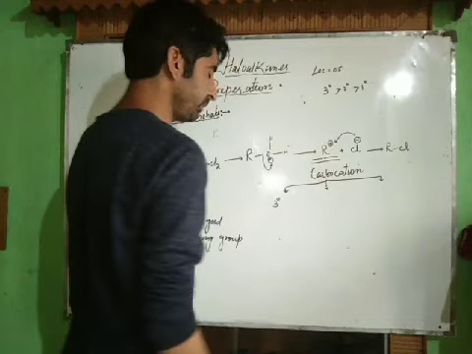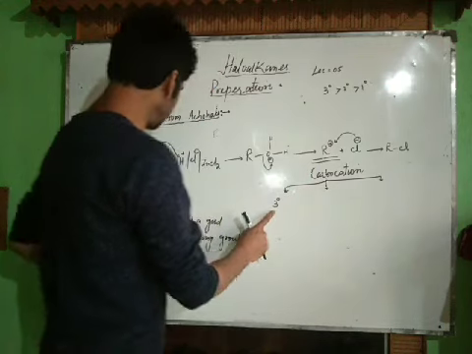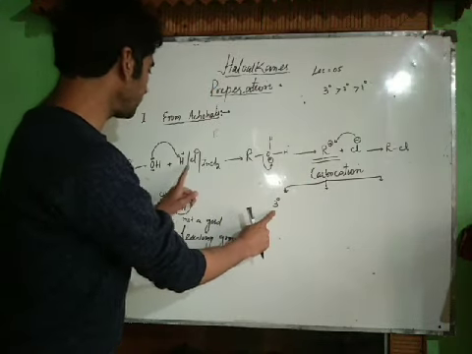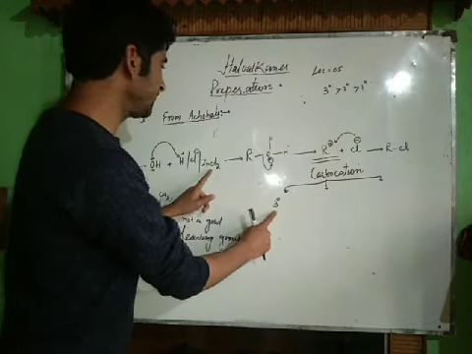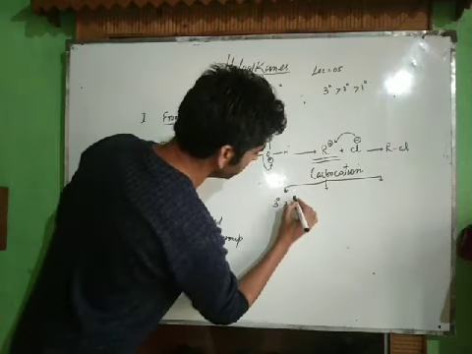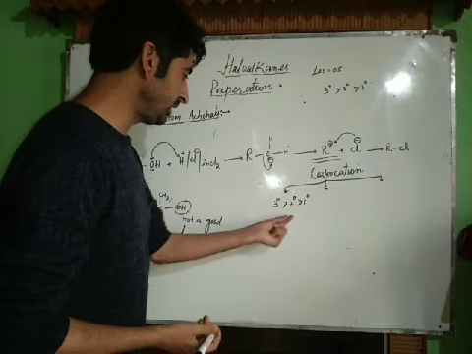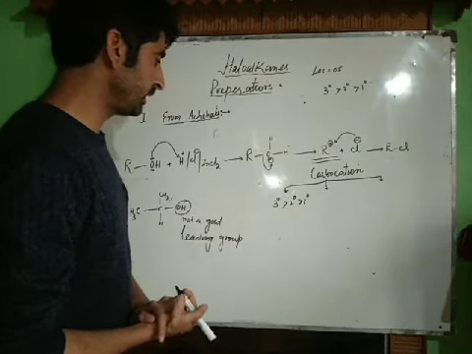I have shown it in my previous three lectures. Therefore, tertiary alcohols react faster with HCl and ZnCl2, Lucas reagent, then secondary alcohols, then primary alcohols. Tertiary alcohols react readily.